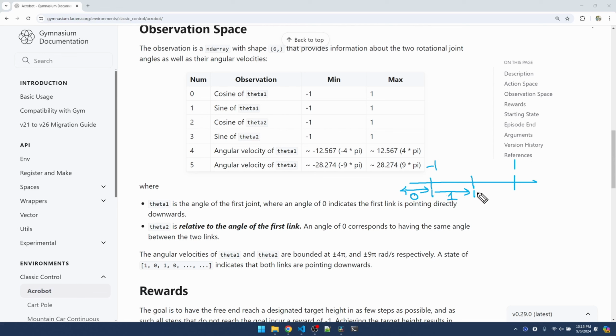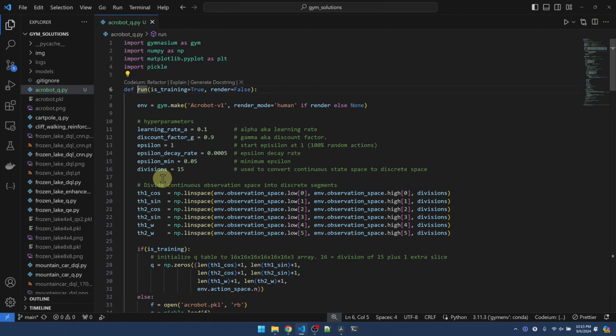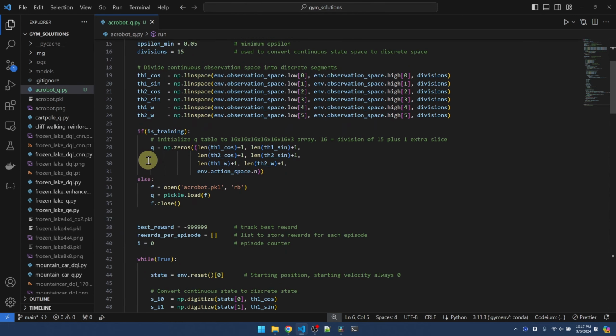Any number that's this into here converts into 2, and any number starting from 1 forward converts into 3. So when we do a division of 3, we actually get 4 segments. So when we divide by 15, we'll get 16 segments. We're doing the same thing to all 6 components of the observation space. Now if we're training, we will initialize the Q table. What we get is a Q table of the dimension 16 by 16 by 16 and so on by 3 actions.